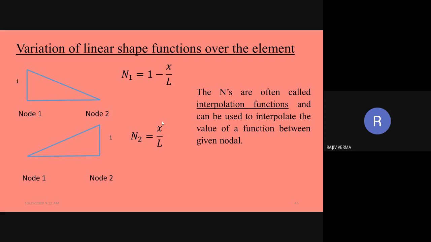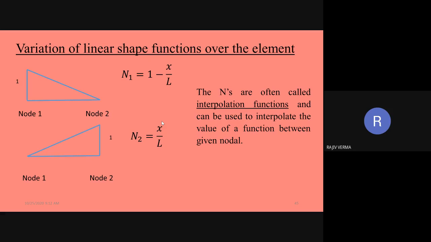Now this paragraph is important. Every FEM process is going to give you the values of the unknown parameter at the nodes themselves.